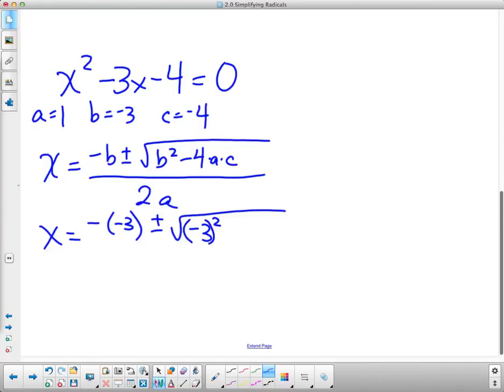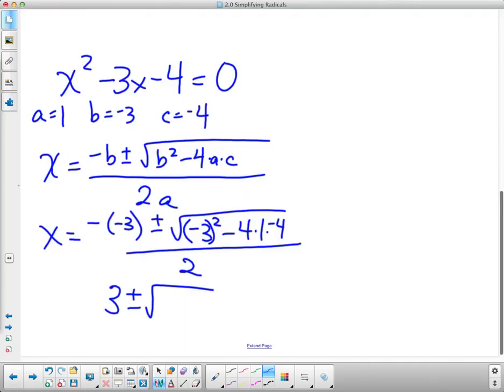Square the whole b value. It should come out to be what? 3 plus and minus square root of, it's negative 3 squared, 9. Minus negative 16, and I'll kind of stop right there. But watch the signs on those so that you're getting things correct.